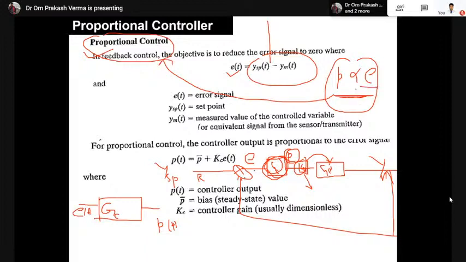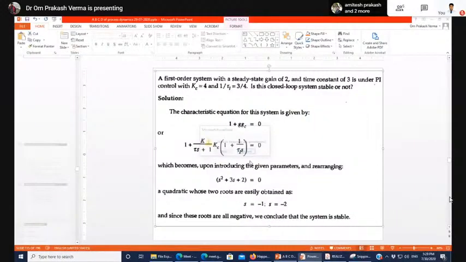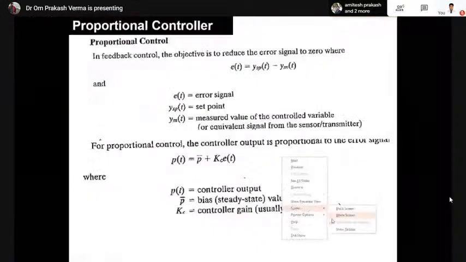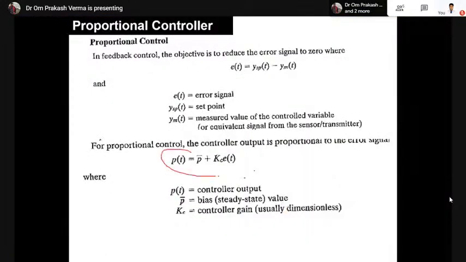But we have written here, discard this screen. Now see, we have written P(t) equals this one. You understand what I have said? I have said P(t) is directly proportional to e(t).